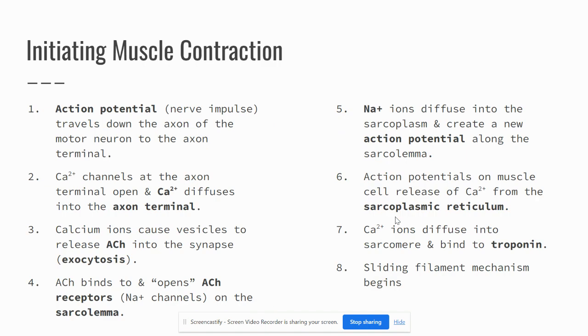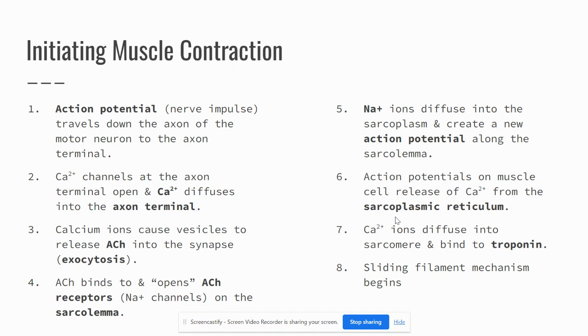Now, to initiate muscle contraction, we need an action potential to travel down the axon of that neuron and reach the axon terminal. If you remember, it's connected to that end plate of a muscle fiber.